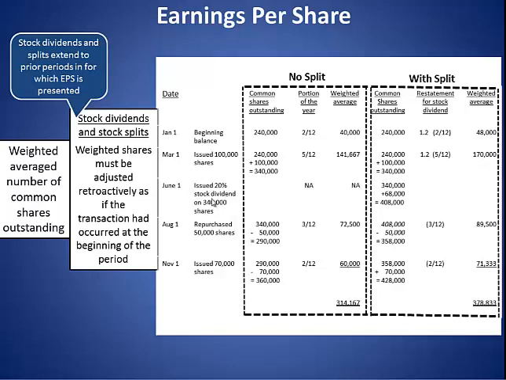Now, on June 1st, we make our adjustment for the split. We take our 340,000 shares and we have our 20% stock dividend. So we add 68,000 shares, which is 340,000 times 20%, and now we have 408,000 shares outstanding.